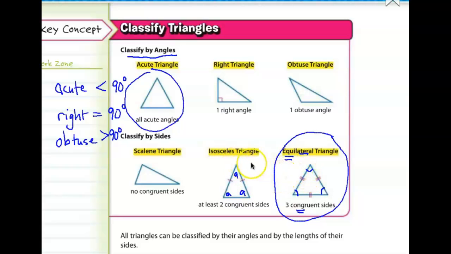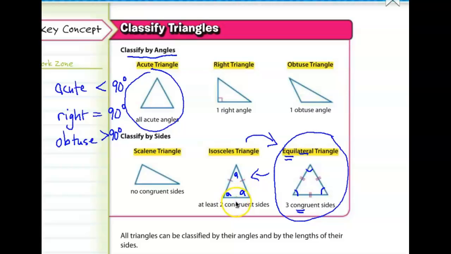Now here's an interesting fact. Are two of these sides equal? Yes or no? Yes. If two of these sides are equal, this is also called an isosceles. So an equilateral triangle could also be identified as an isosceles triangle as well. But can an isosceles triangle be identified as an equilateral triangle?